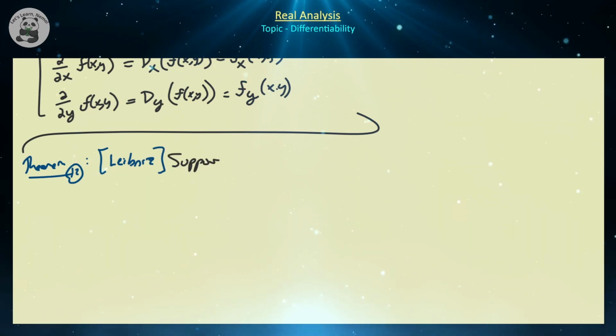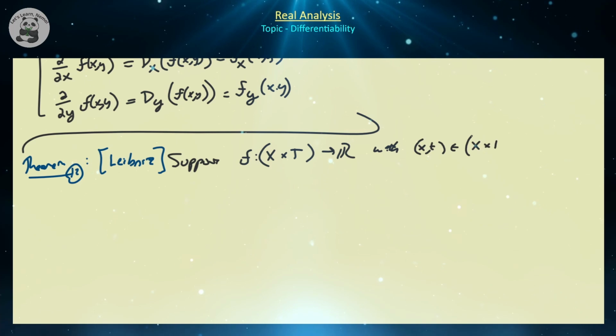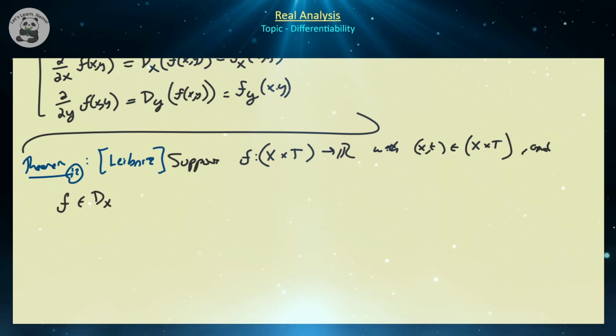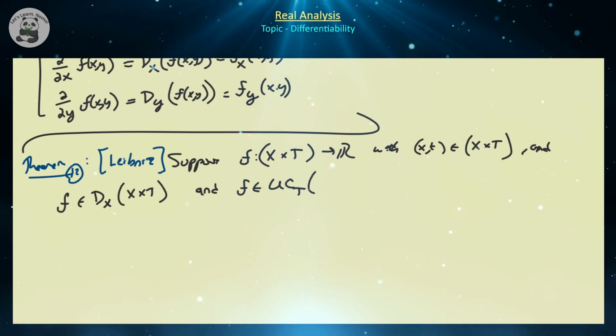Suppose that f maps the Cartesian product of x with t to the set of real numbers, and let's assume that the point (little x, little t) belongs to this two-dimensional domain. And also let's assume that f is x partially differentiable on this domain, and let's also assume that f is uniformly continuous in t on this domain x cross t, right?